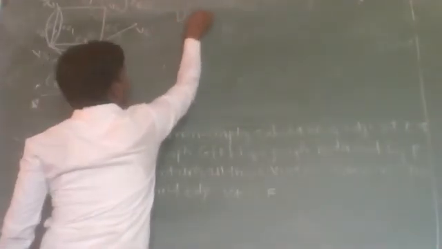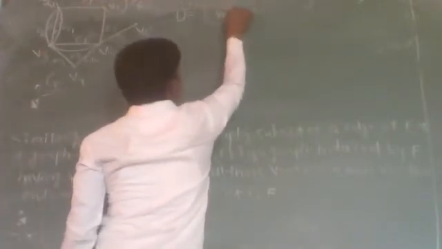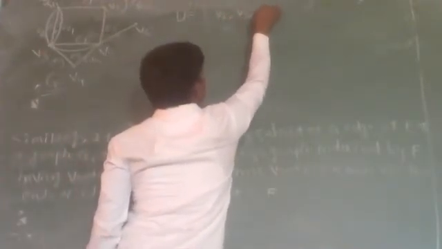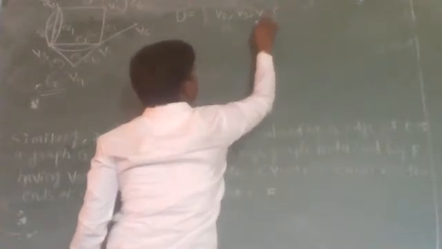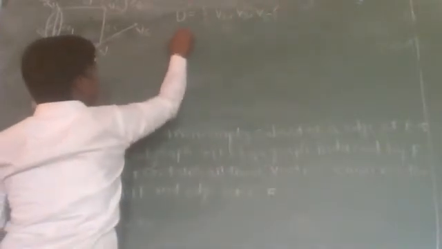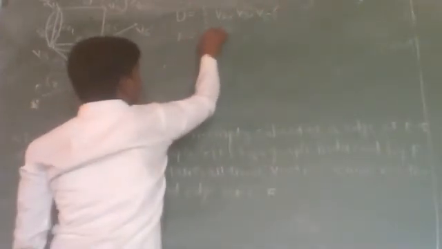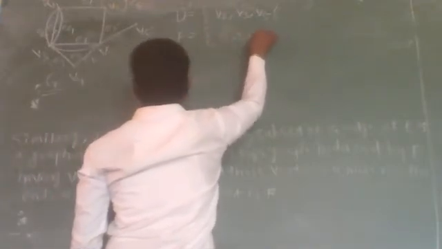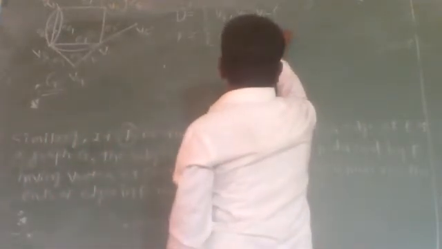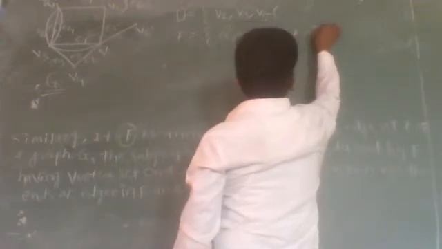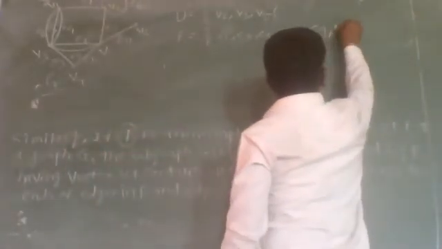Let us take U equal to vertices V2, V3 and V5, and the edge set, which is a subset of E, contains edges E1, E3, E5, E7, E9, or rather edge E11.